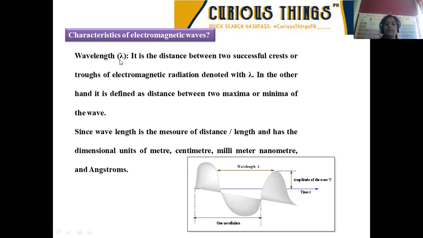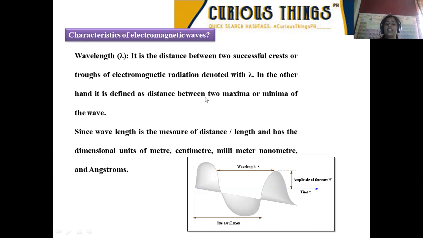Wavelength is denoted with lambda. So this wavelength is nothing but, when we are taking light as a wave into consideration, when two peaks are present, the distance between the two peaks is taken as the wavelength, that is denoted with lambda, right? So when the light is oscillating in a certain direction, the distance between the two peaks, otherwise the distance between the two troughs, is also considered as wavelength, denoted with lambda.